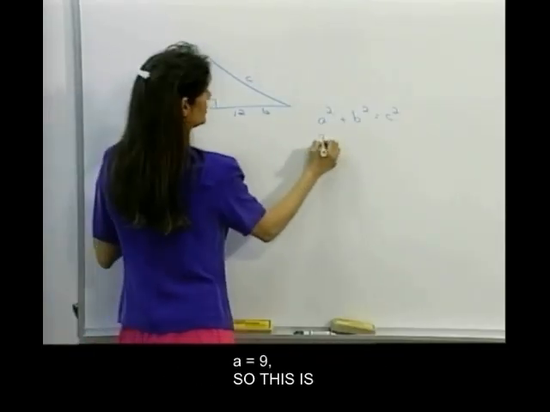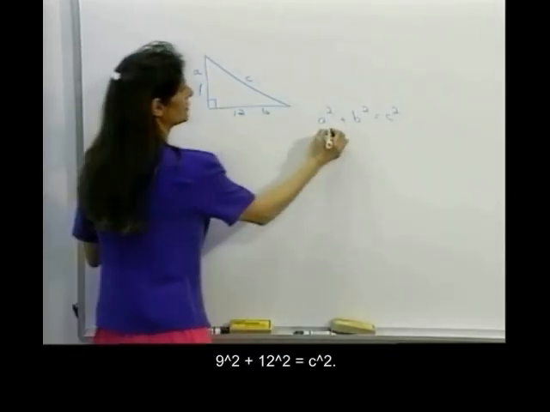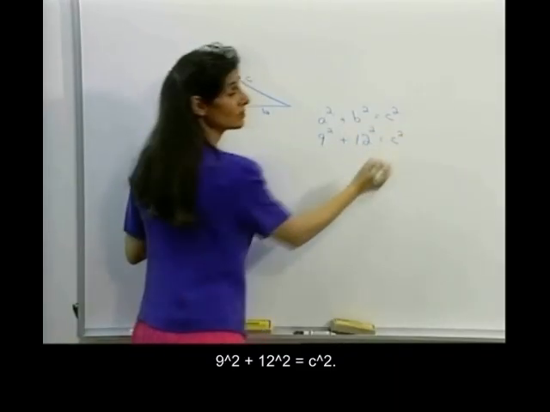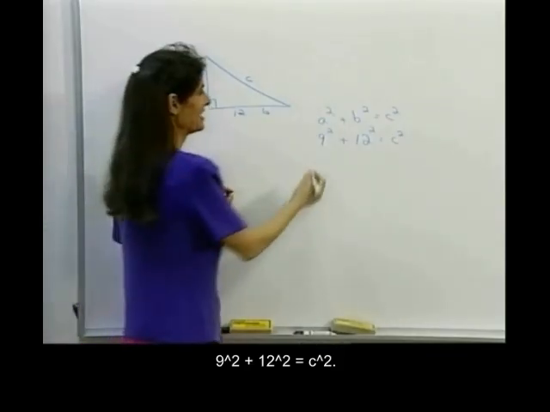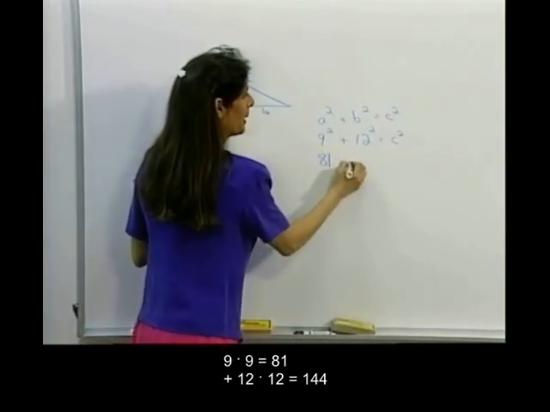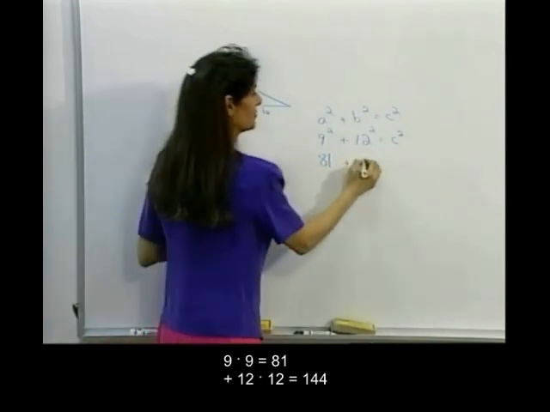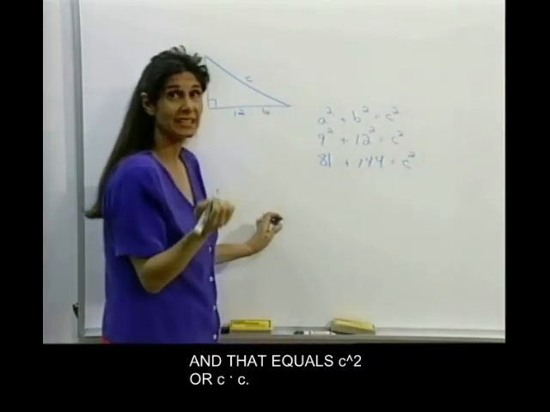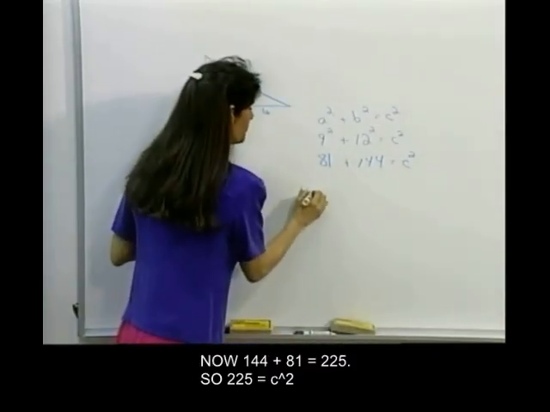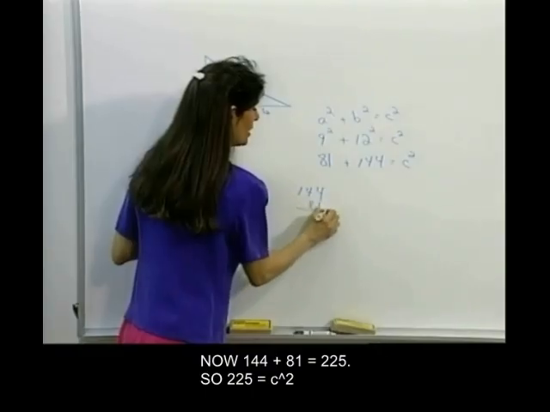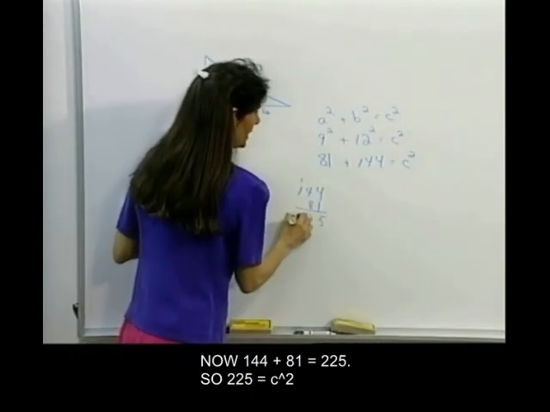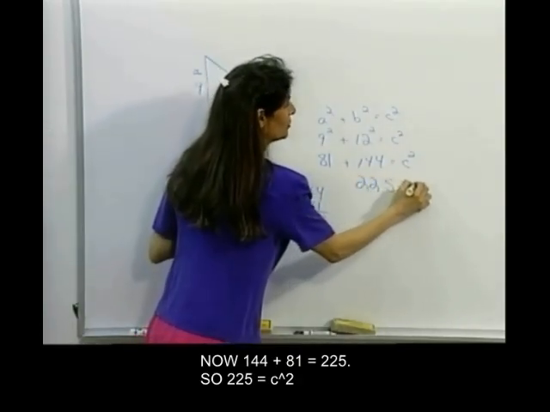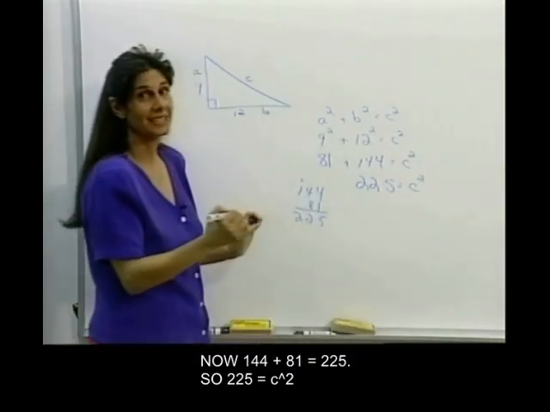A is 9, so this is 9 squared plus 12 squared equals c squared. 9 times 9 is 81, plus 12 times 12 is 144, and that equals c squared, or c times c. Now 144 plus 81 is 225. So 225 is c squared.